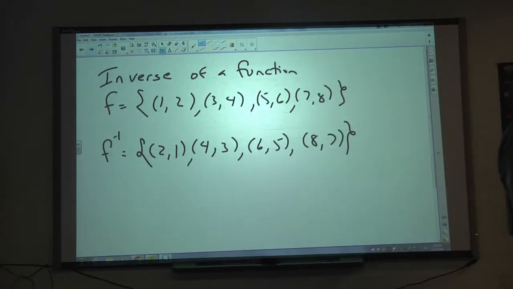So the inverse, all you gotta do is just flip flop the x and the y, right?